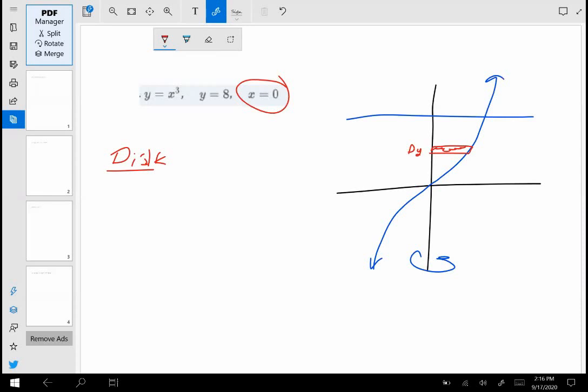And with the disk method, remember, everything hinges on the volume being pi r squared times h, because we're looking at a little full cylinder there. So the radius is the height of the rectangle. What would my radius be in this case?